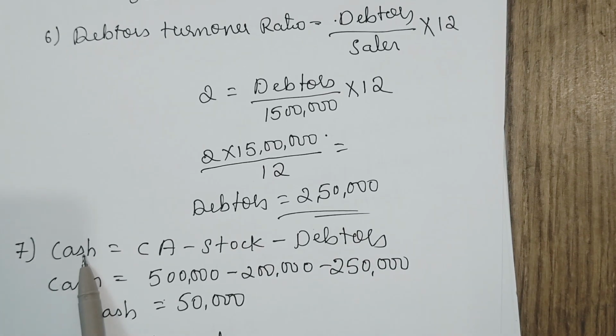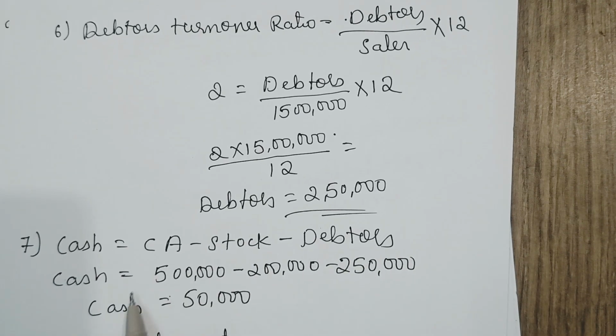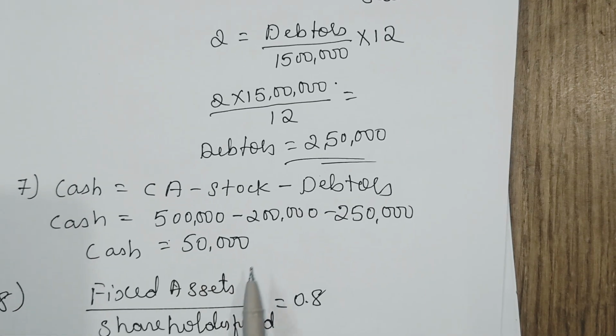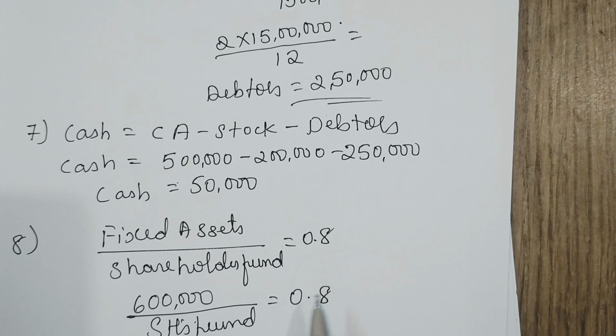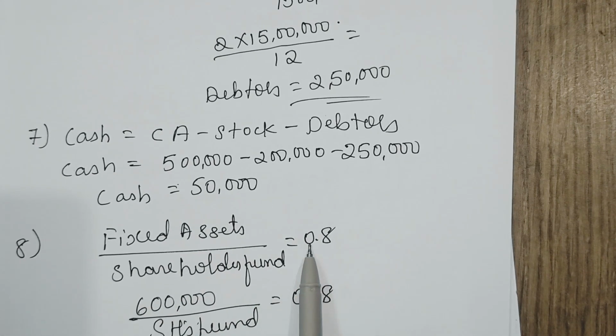Then we need to find out cash. Current assets minus stock minus debtors, if we do from total current assets we will get cash because cash is also a current asset. Then we need to find out the capital. For that, fixed asset divided by shareholders fund.